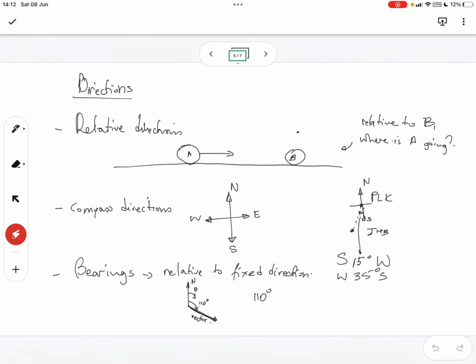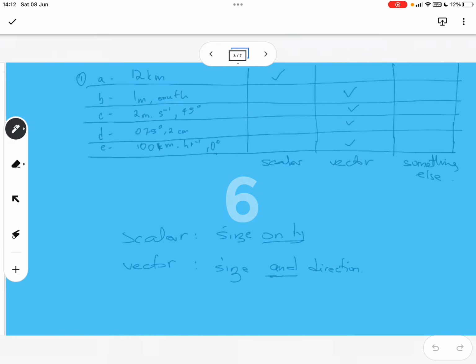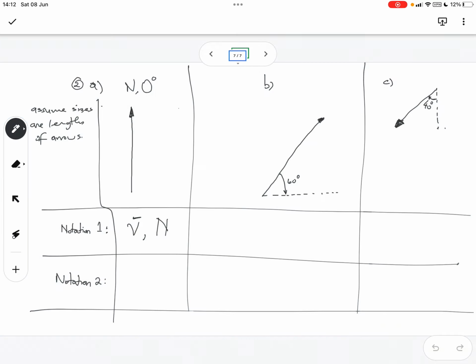If we are looking at north, which is at 0 degrees, and we go 110 degrees that way, we put our protractor here and our 0 degrees is there. And then we count 110, then we will land here. Then that's the bearing of this vector here. Not that the direction of north is 110 degrees. No, that's not true.